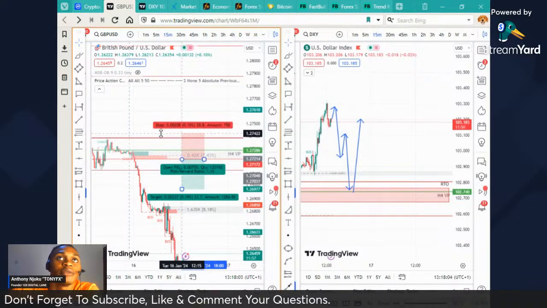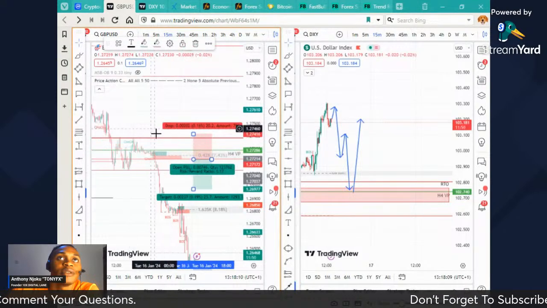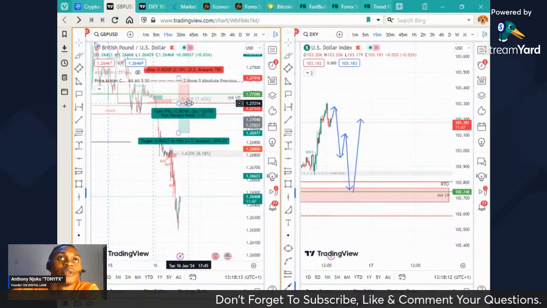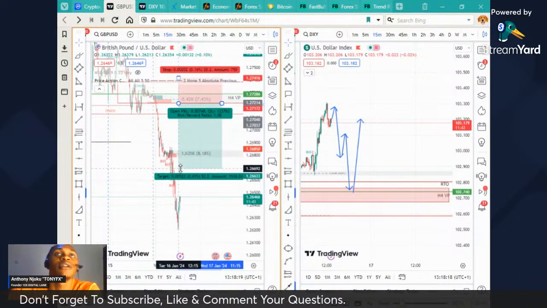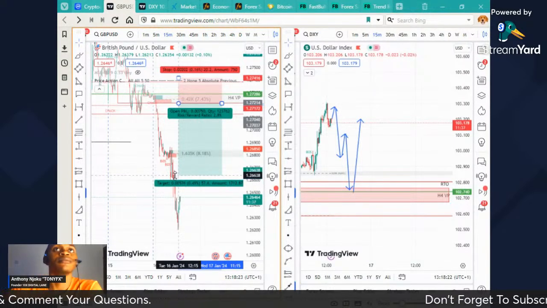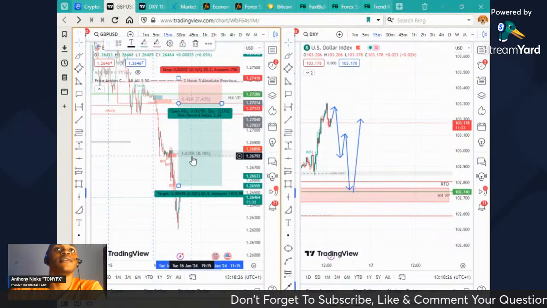Okay, we can make it 20, and aim for 60 pips drop. This is 60 pips. Let's see if it will get there.